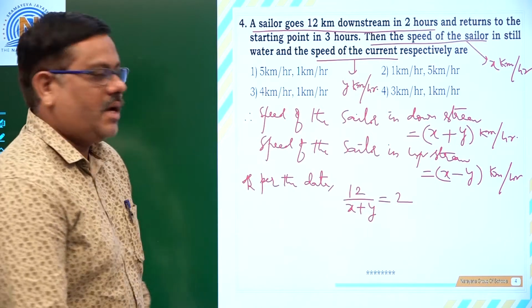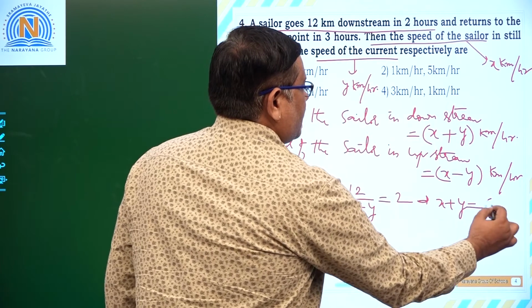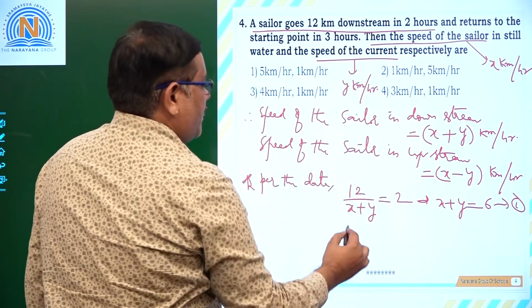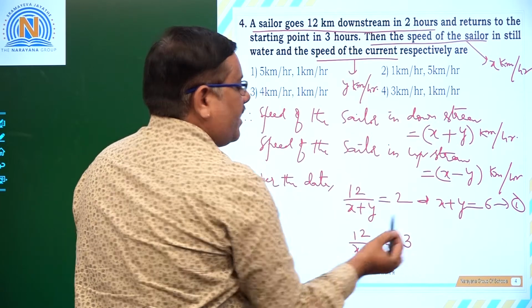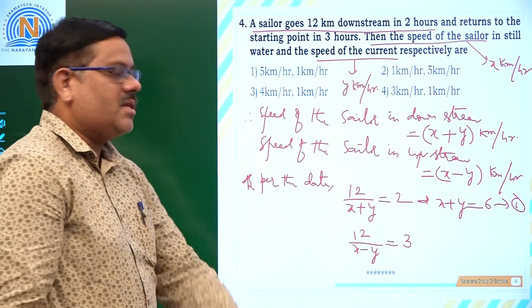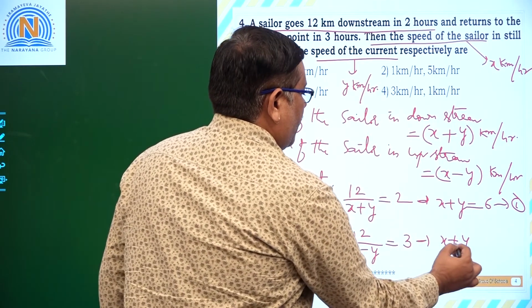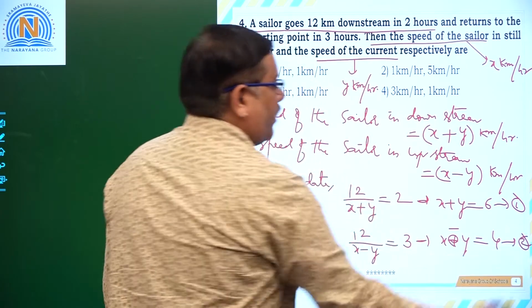According to the data, that implies x plus y will be 6. First condition. Next, for the same distance 12 with the speed x minus y, he is taking 3 hours of time. So 12 by x minus y is going to be 3. That implies x minus y is going to be 4 for us. Second condition, 12 by 3 is 4.